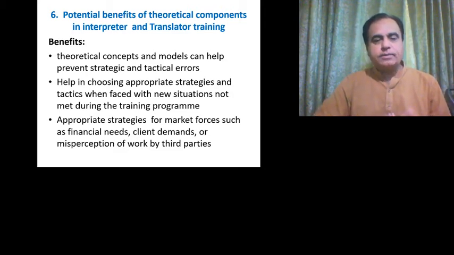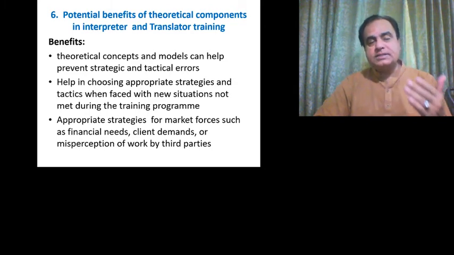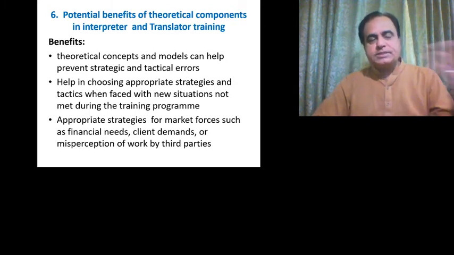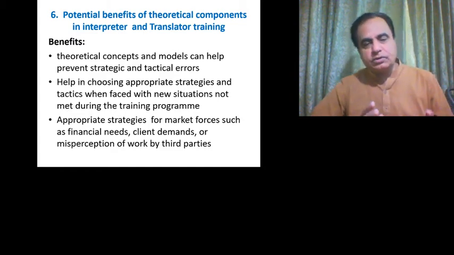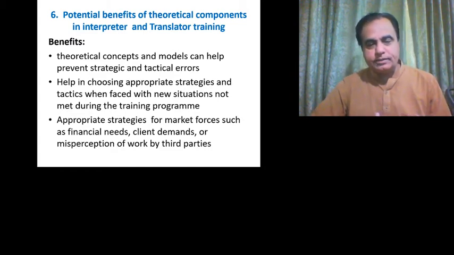If we take the example of interpretation, while you are sitting in simultaneous interpreting, the theory, or the rules and principles, suggest that while sitting in the booth you should not stop at any point.